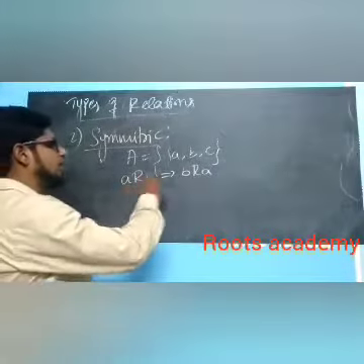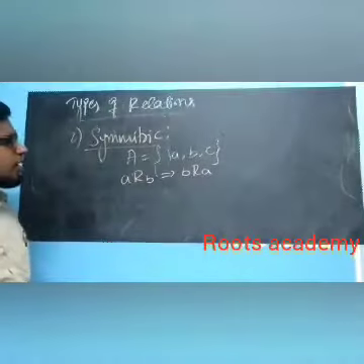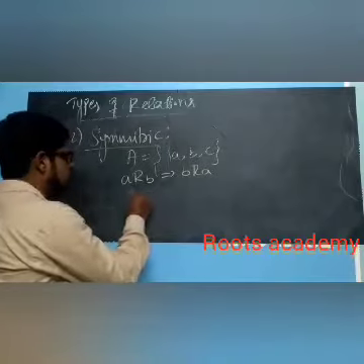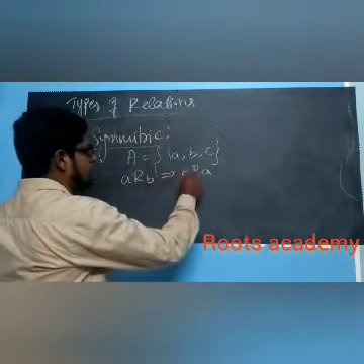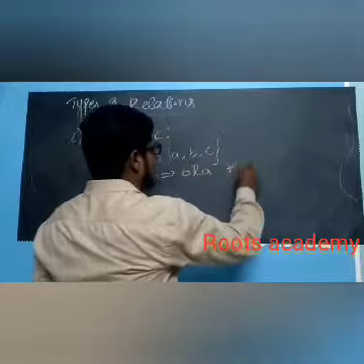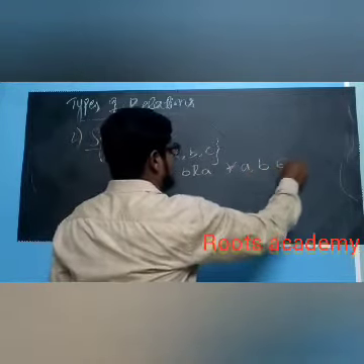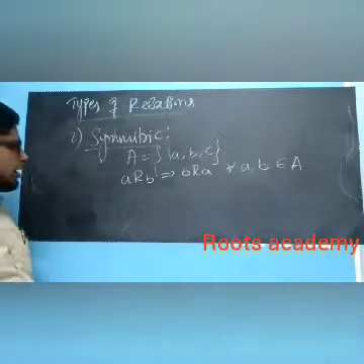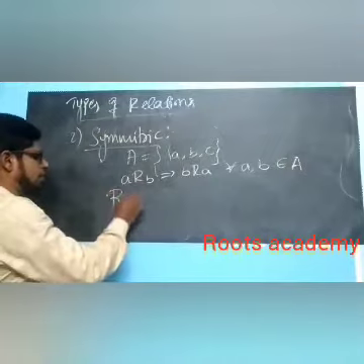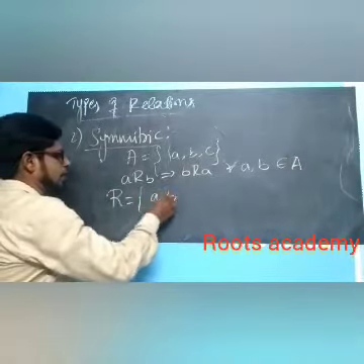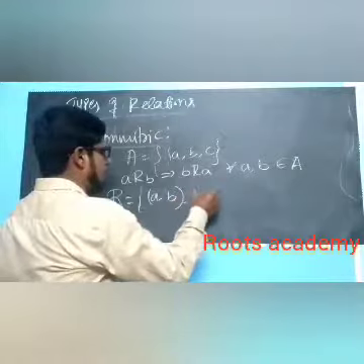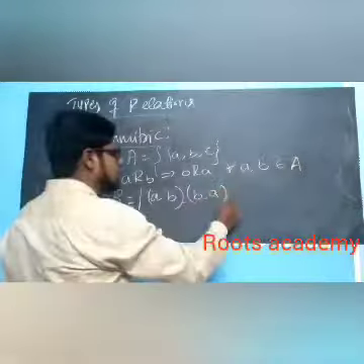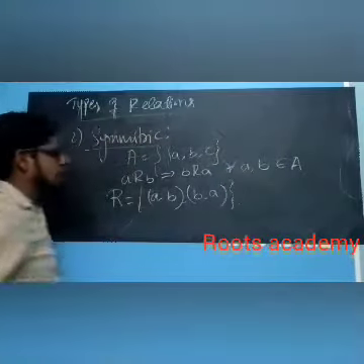If the symmetry does not exist for any element, then we will declare that it is not a symmetric relation. So its definition is, if a is related to b, then b should be related to a for all a, b belongs to set A. This is the simple definition of a symmetric relation. Mathematically we can represent this as (a, b), (b, a), and some more elements we can write, but we will check symmetry for each and every element.